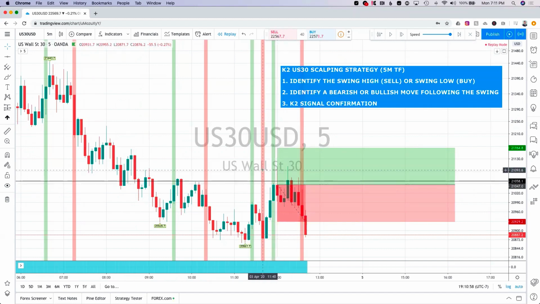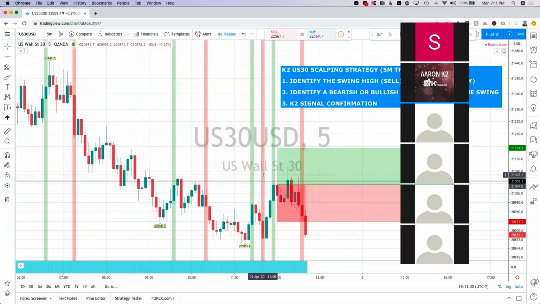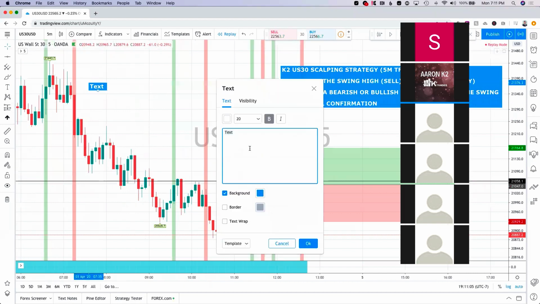And if you're trading, depending on which broker you are, some brokers for US 30 are $1 to pip. So if you made 200 pips on there, you would have made $200 just from those quick scalps.